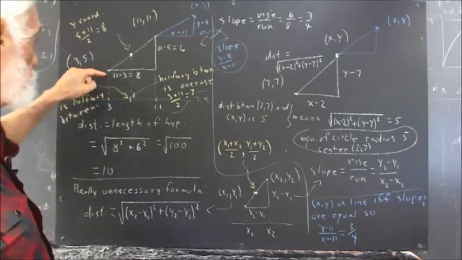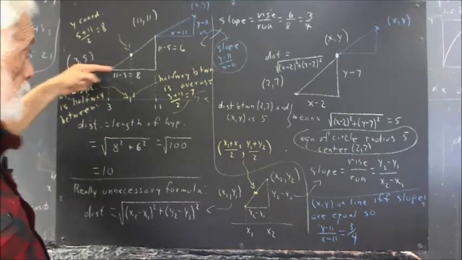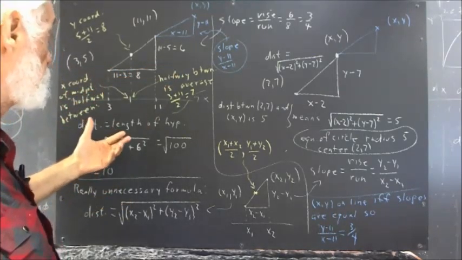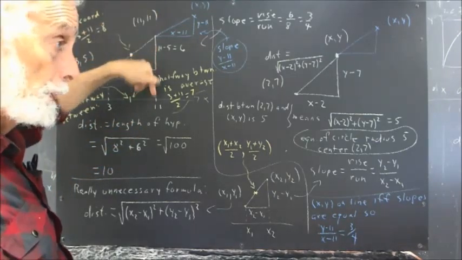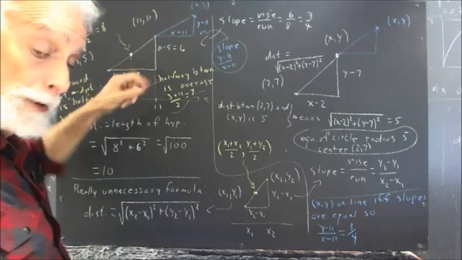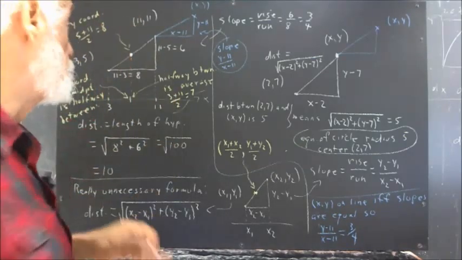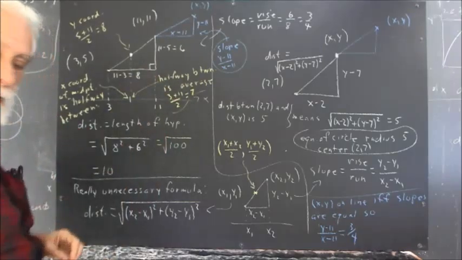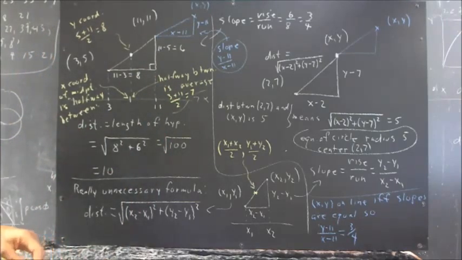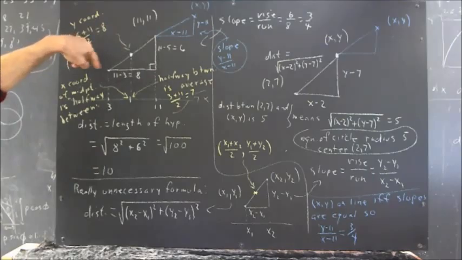So if we start here, we can draw a line here parallel to the x-axis. And then from this point, we can draw a line parallel to the y-axis. They intersect down here, giving you a right triangle. And it's probably worth putting the right angle in there, but that's implicit. It's, I think, well understood. So now we have a right triangle from this point to this point.